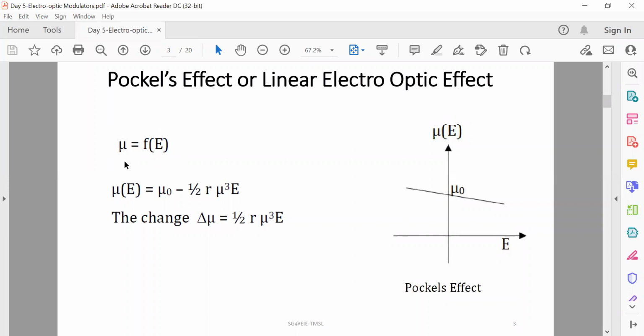Since the change is very small, using the Taylor series, the equation can be written as this one. Here the r is called the electro-optic coefficient of the medium, or the electro-optic constant of the medium.